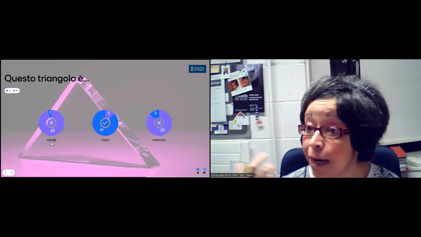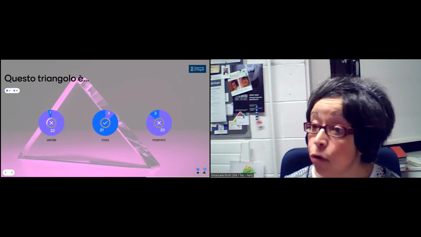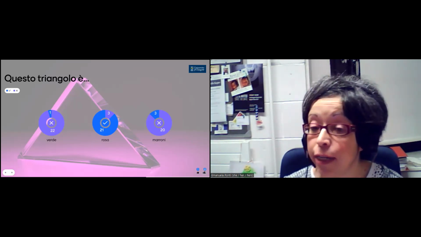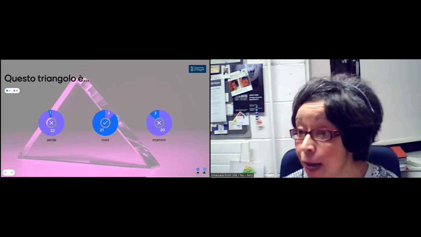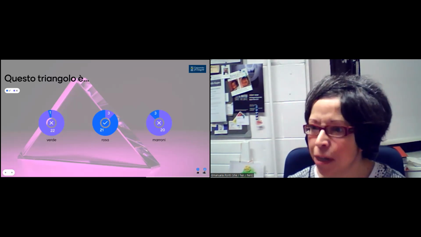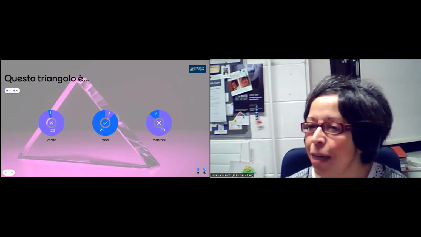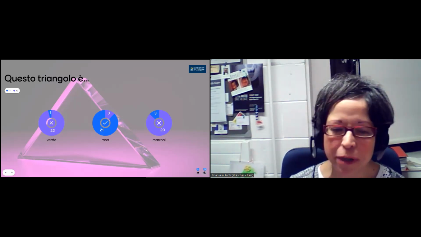Verde would make sense grammatically, but the only correct answer is rosa, because the image that they are seeing is showing a pink triangle. So it's not just about grammar, but they need to analyze in a simple way the image as well and the color that the image presents.